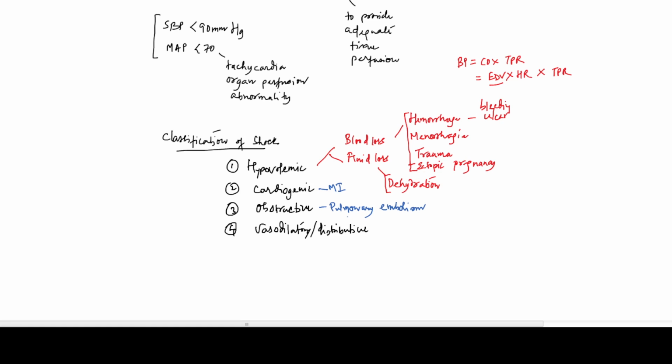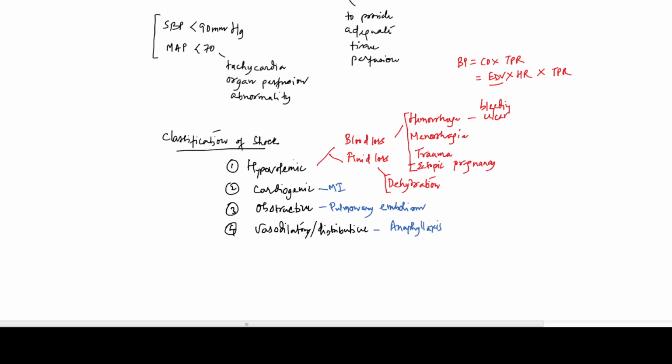Vasodilatory or distributive shock is usually what we see in anaphylaxis, or due to endotoxins, where there could be massive distributive shock.